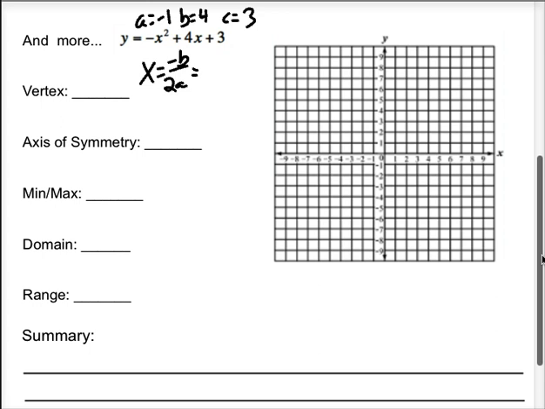Well, -b is going to be -4, 2 times a, 2 times the -1 is -2. Well, -4 divided by -2 goes back to being positive. So the x value of my vertex is +2.